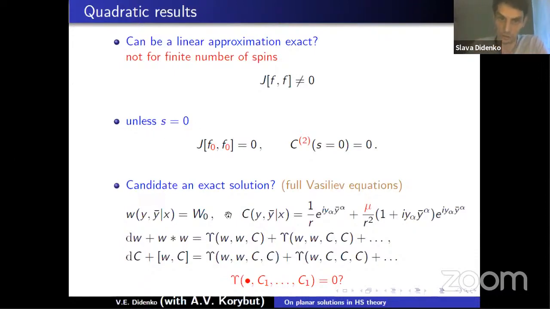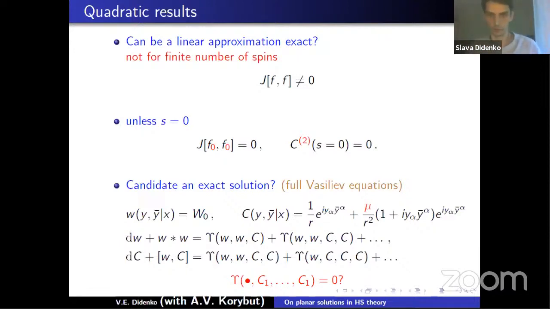So it solves the first non-trivial, nonlinear part of the equation, but whether it solves all vertices, analyzing all vertices is yet to be checked, and this is something that can be done.